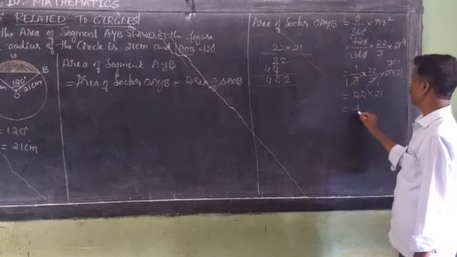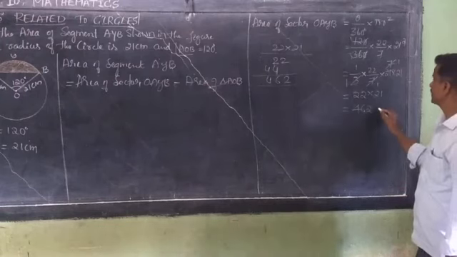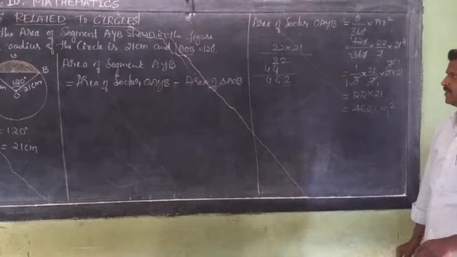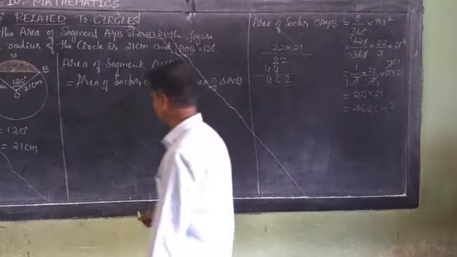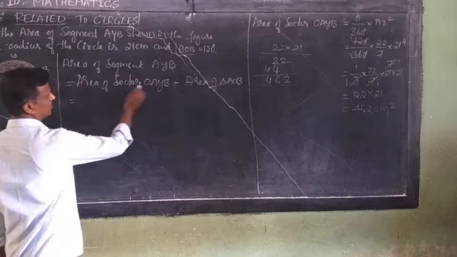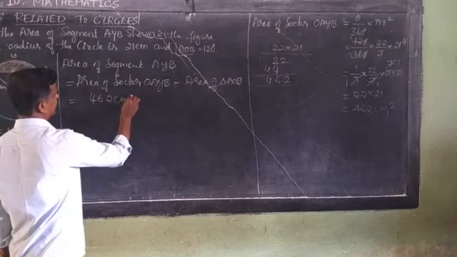That is equal to 462 centimeter square. This is the area of the sector OAYB. So the area of the sector OAYB is 462 centimeter square.